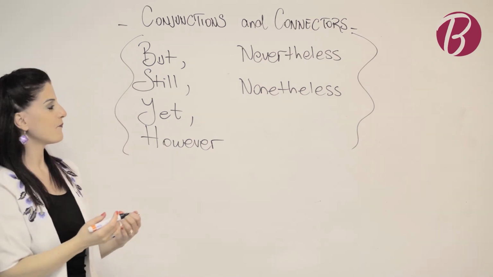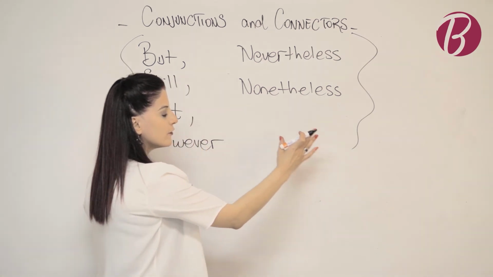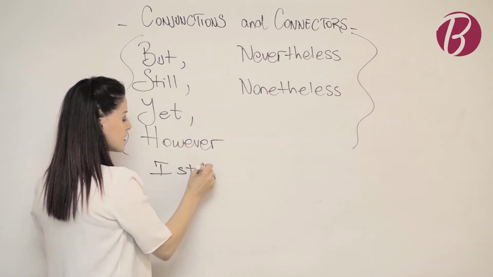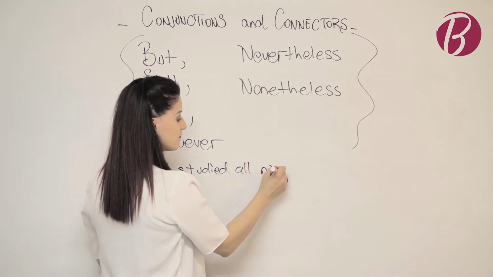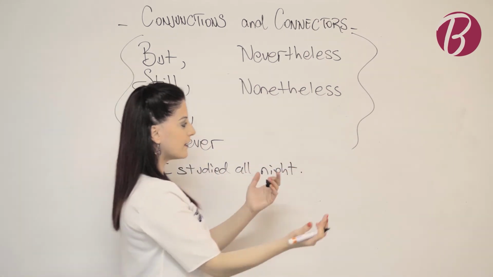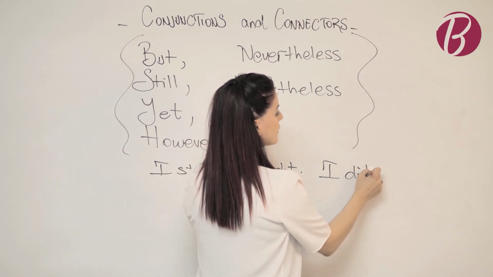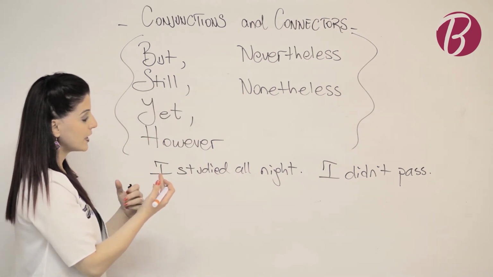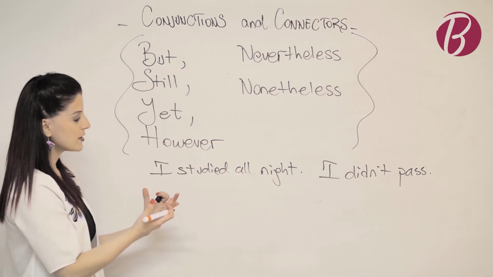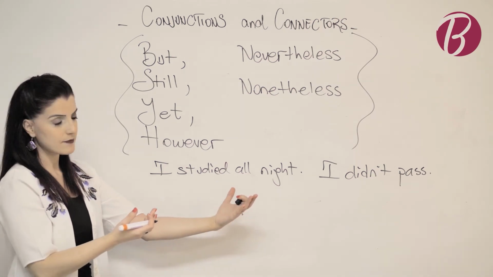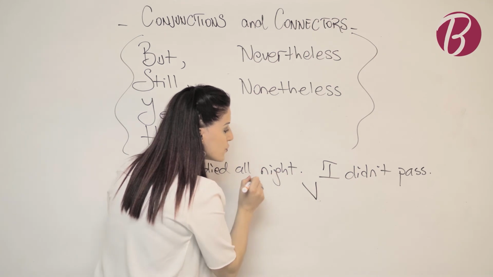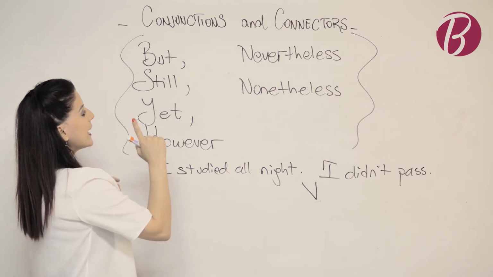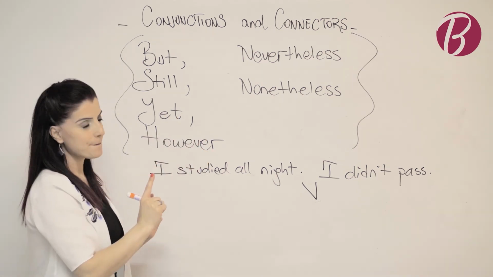How do we use them? Again, we have two different sentences. Let's see. I studied all night. And the other sentence, I didn't pass. Very interestingly. So this is a very unexpected and unwanted and totally different result. Between two sentences, those two contrast ideas, you can put one of them.